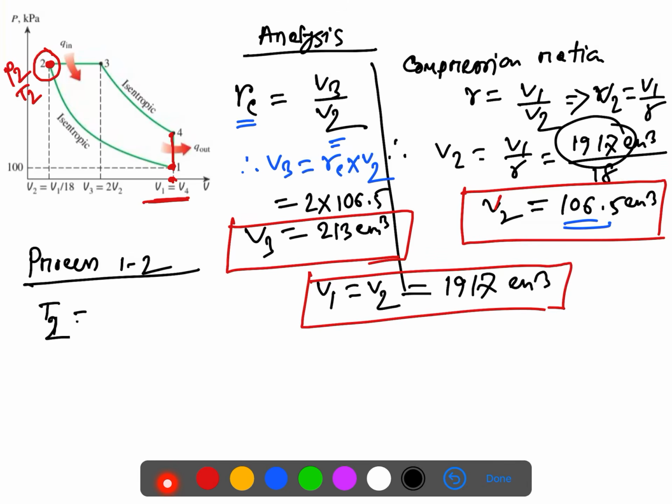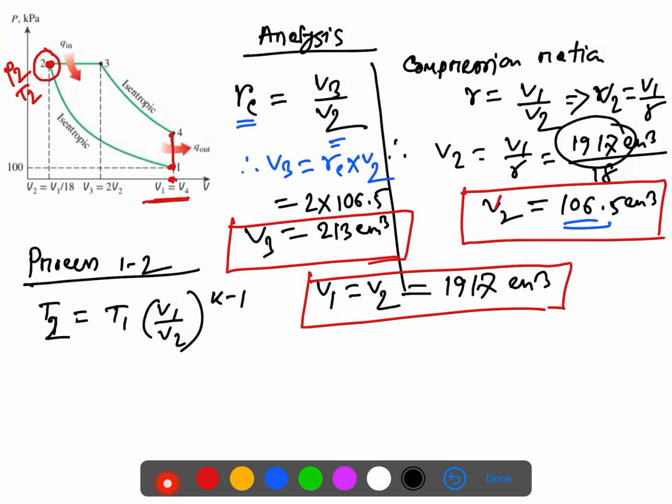We need T2, so T2 equals T1 times V1 over V2 to the power K minus 1. Can you remember, guys? I believe you can remember. We used this in, I guess, week 9.